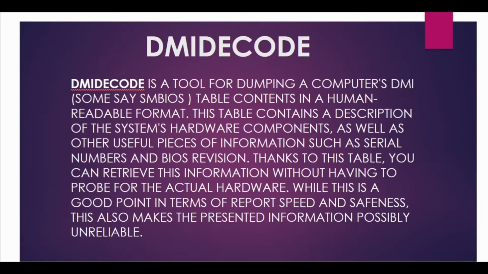This table contains a description of the system's hardware components as well as other useful pieces of information such as serial numbers and BIOS revision. Thanks to this table, you can retrieve this information without having to probe for the actual hardware. While this is a good point in terms of report speed and safeness, this also makes the presented information possibly unreliable.